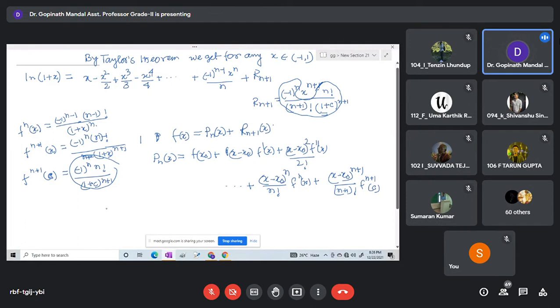And now this is the Taylor's expansion about x0. Okay, so if x0 equal to 0, then it will be that is fx.